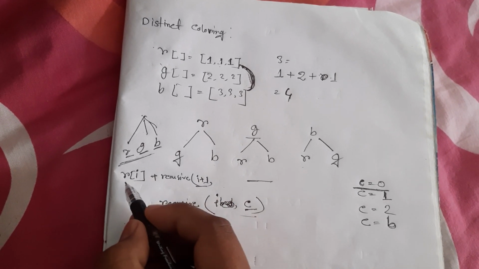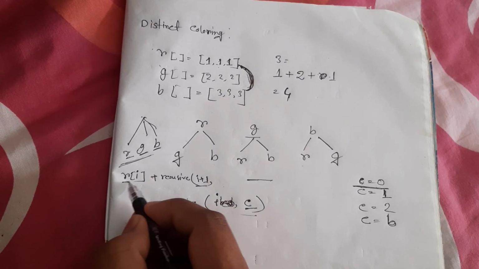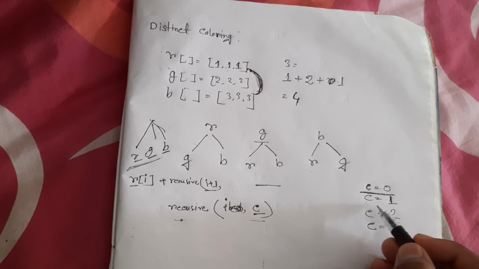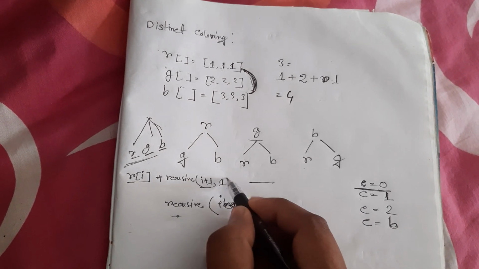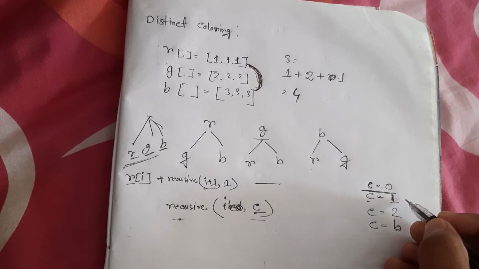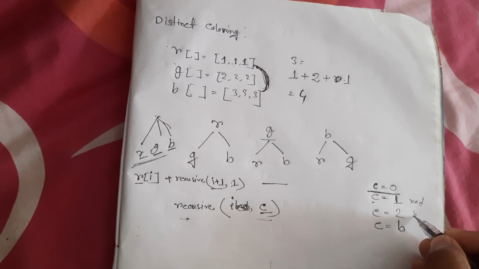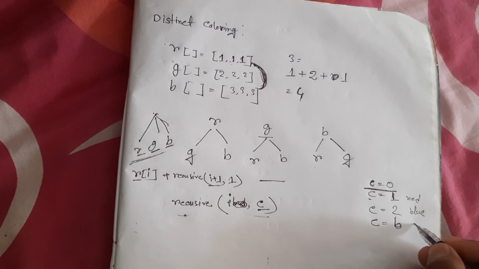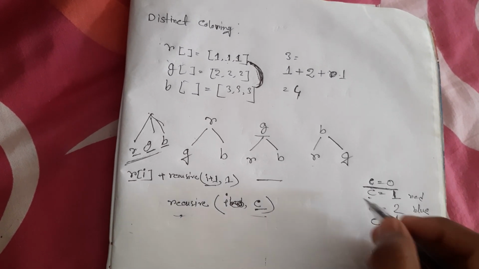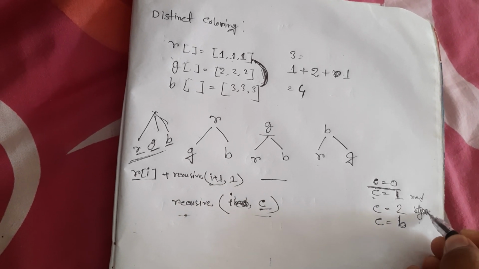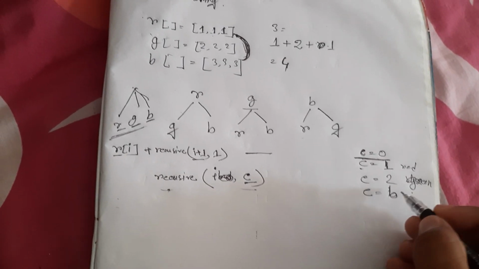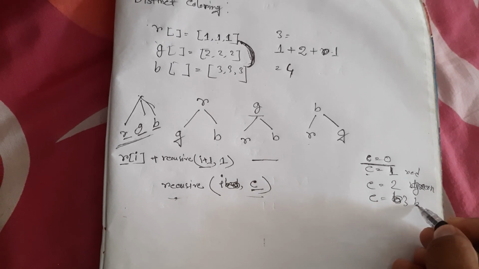And the color: since we are choosing red, we pass C equal to 1. Let's say green is C equal to 2, and blue is C equal to 3.